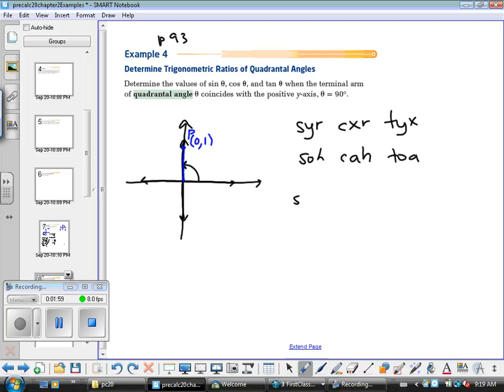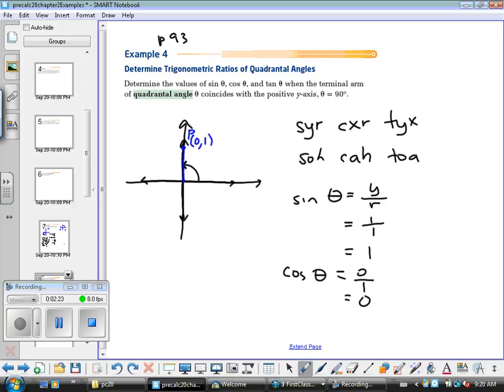So sine theta is equal to y over r. The y value is 1 and r is 1, so sine theta is 1. Cos theta: our x value is 0 and our y value is still 1, so cos of 90 degrees is 0.